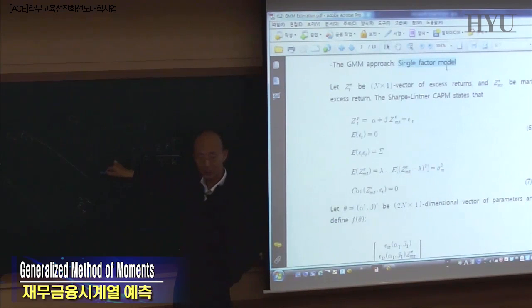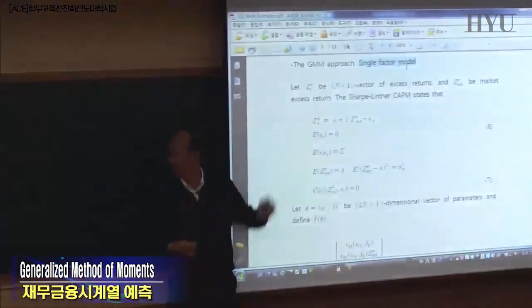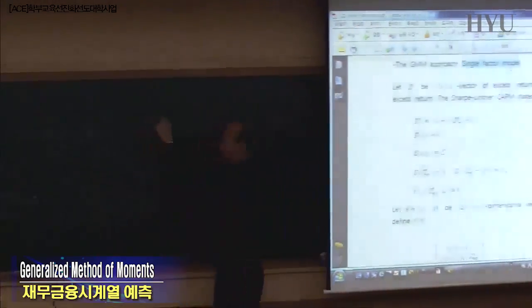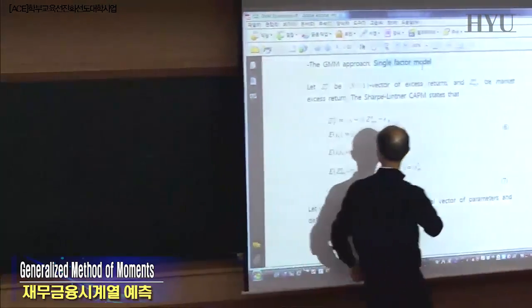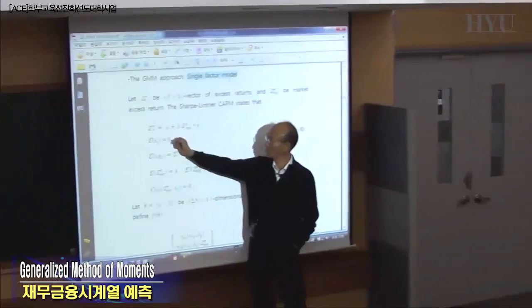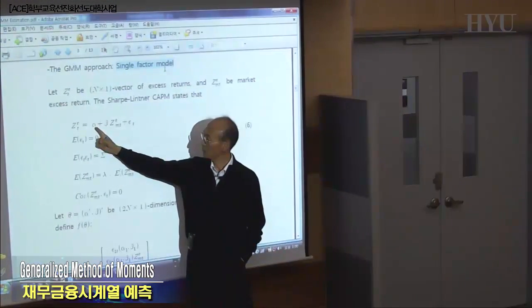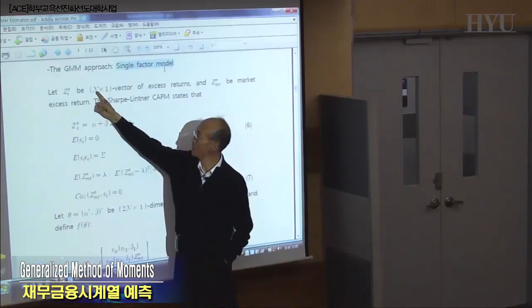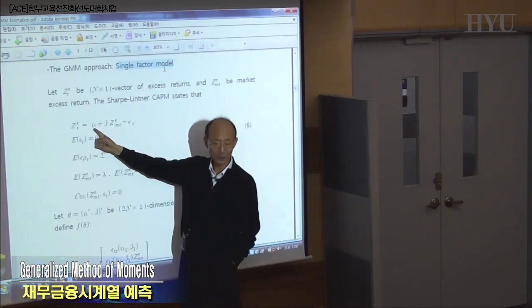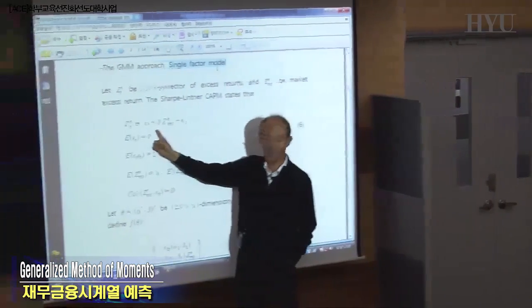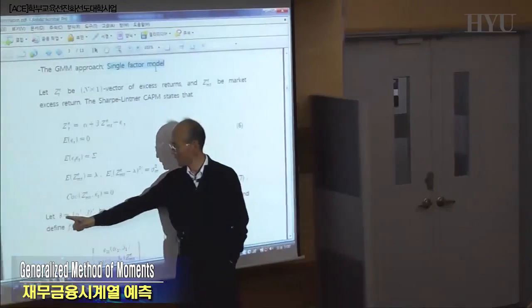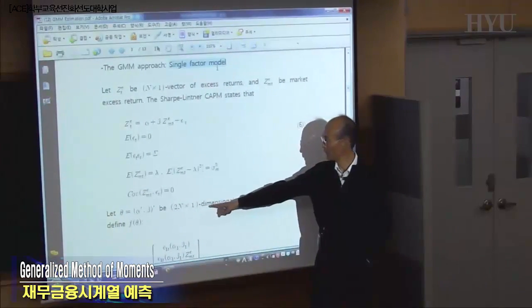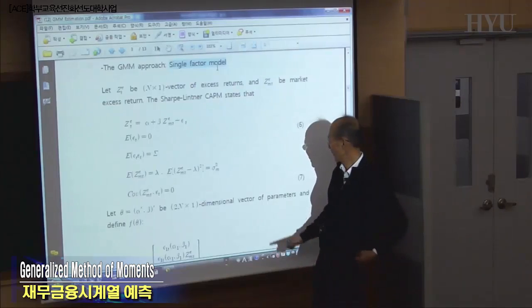It's mixed, right? So what you want to do is test whether the alphas are jointly all 0. This is our situation here. So you have n alpha parameters to be estimated and n beta parameters to be estimated. Let's call that theta, a 2n times 1 dimensional vector of parameters.